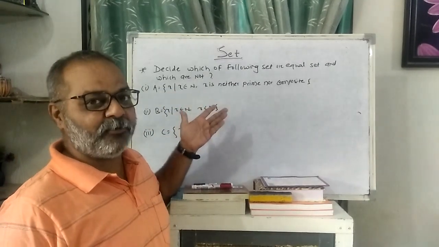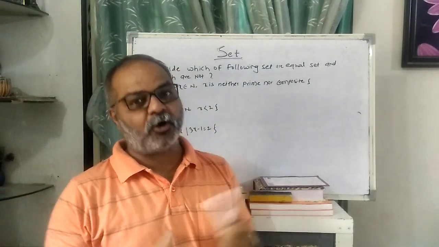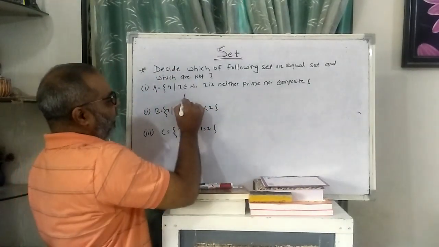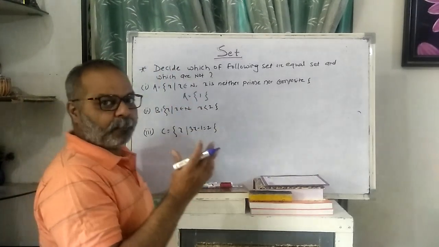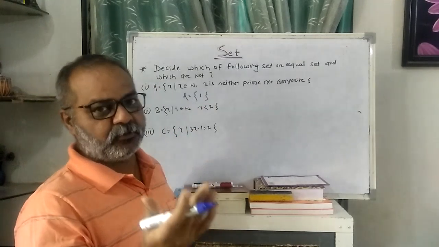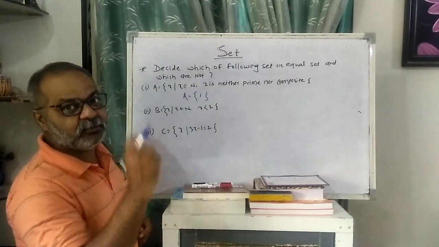What is neither prime nor composite? Only one number, that is 1. So after solving, we get A equals 1. The element is 1, so the number of elements present is 1.